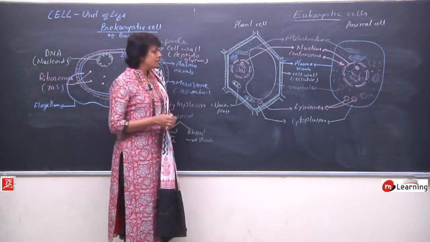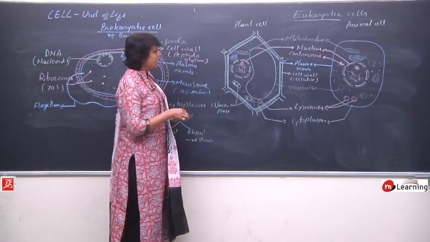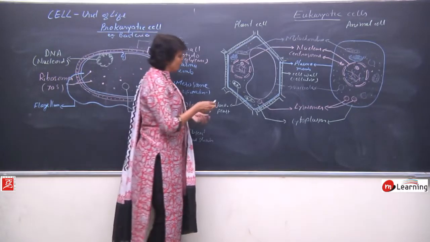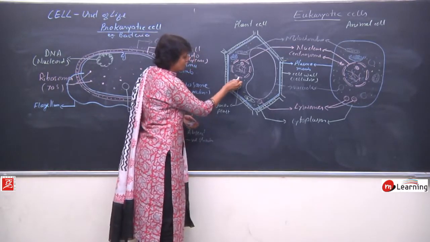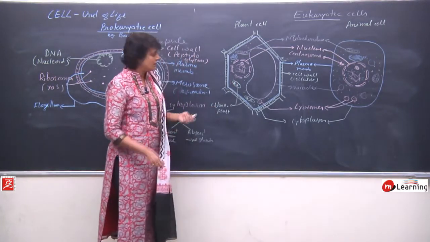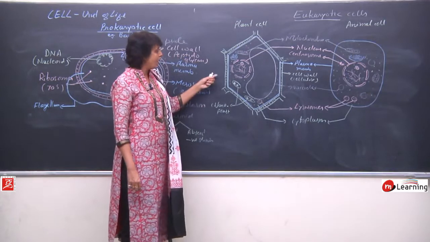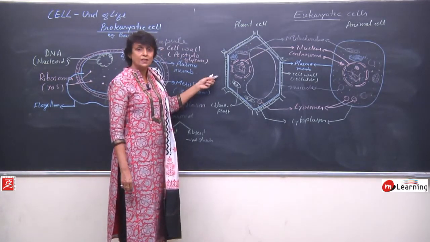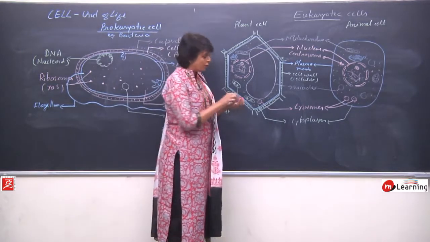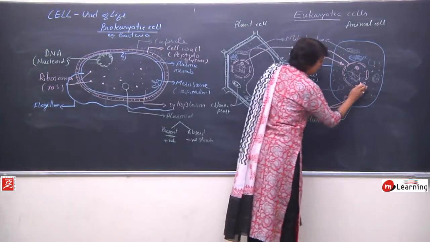One more organelle which we need to draw is endoplasmic reticulum. It is a network of tubules which normally runs between the nuclear membrane and the plasma membrane. There are two types of endoplasmic reticulums. One is rough, which we call RER or rough endoplasmic reticulum, and other is smooth. So, we will draw one of both.